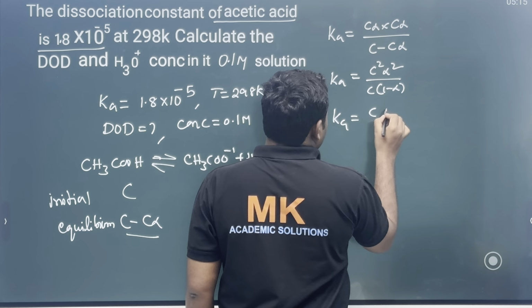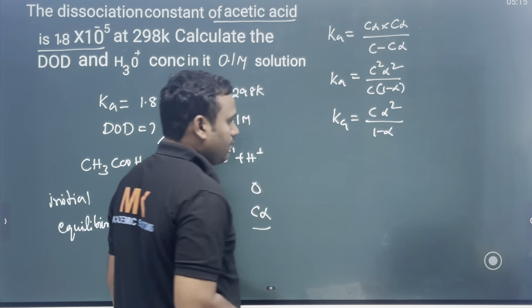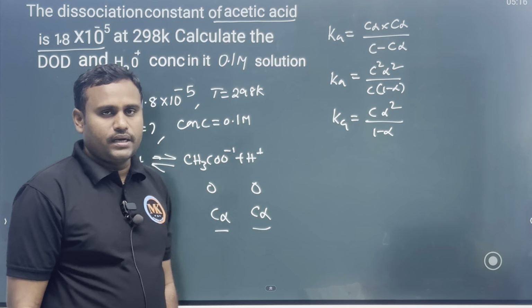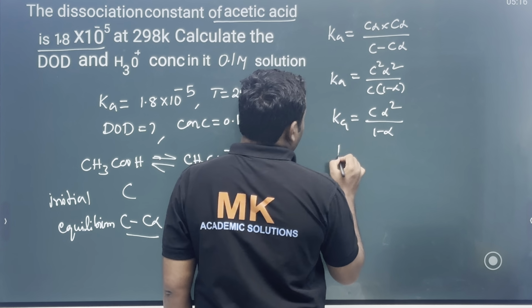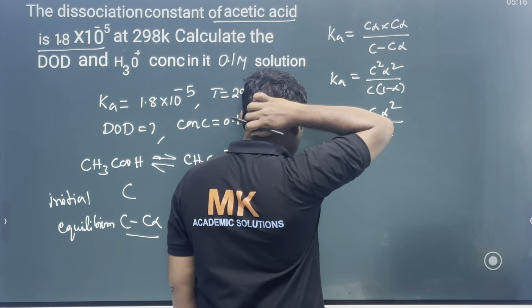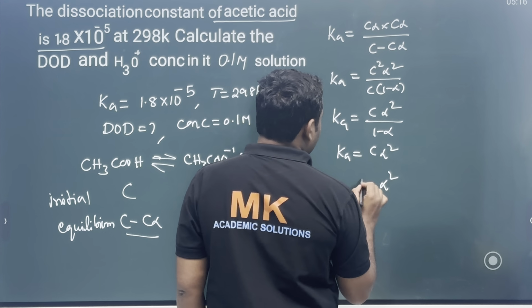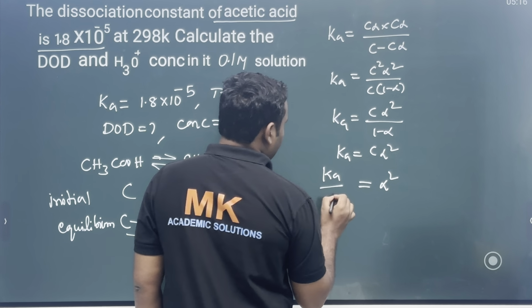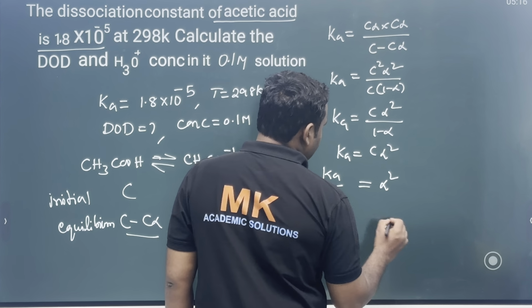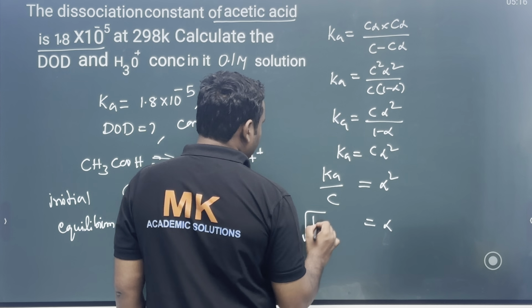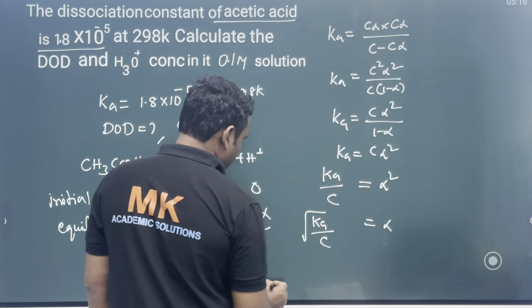C will get cancelled out, so Ka is equal to C alpha square by 1 minus alpha. We consider 1 minus alpha negligible because acetic acid is a very weak acid. Therefore Ka is equal to C alpha square, alpha square is equal to Ka by C, so alpha is equal to square root of Ka by C.